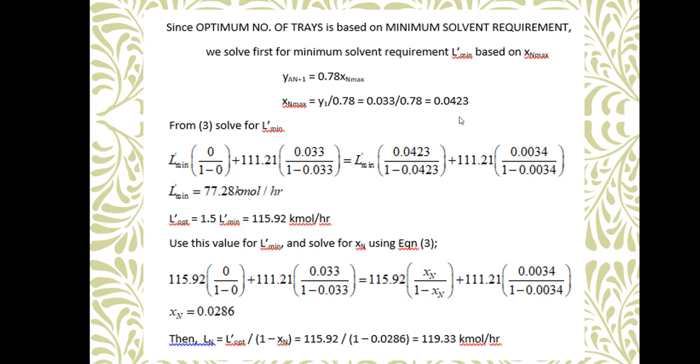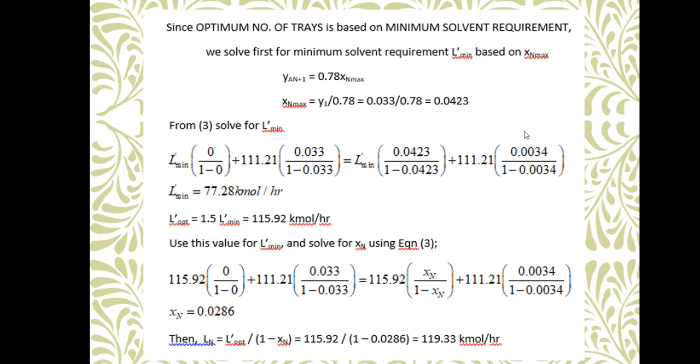So, this value, we will substitute in our equation 3 so that we will determine L prime minimum. So, 0 for XA0. These are the streams that we have determined already. This is your V prime. This is your YAN plus 1. This is rather your XN maximum that we just solved.